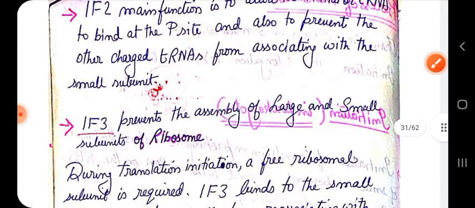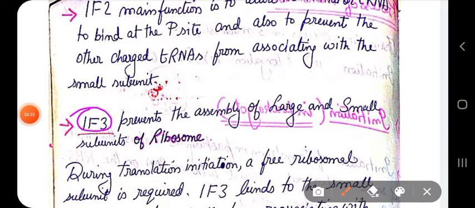The last initiation factor is your IF3. IF3 prevents the assembly of the large and the small ribosomal subunits.